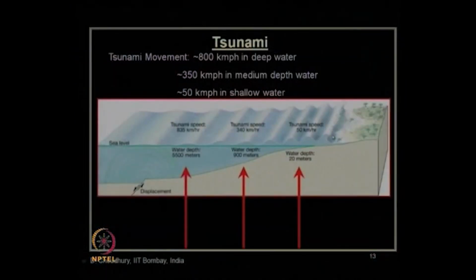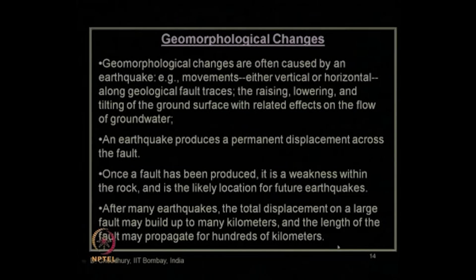After the Tohoku earthquake of Japan on March 11, 2011, there was a very big tsunami with a height of more than 10 meters at some places, which is more than a 3-storied building height. Once it comes to the shore or coastal region, obviously it devastated the place, the entire region was inundated and everything was washed out.